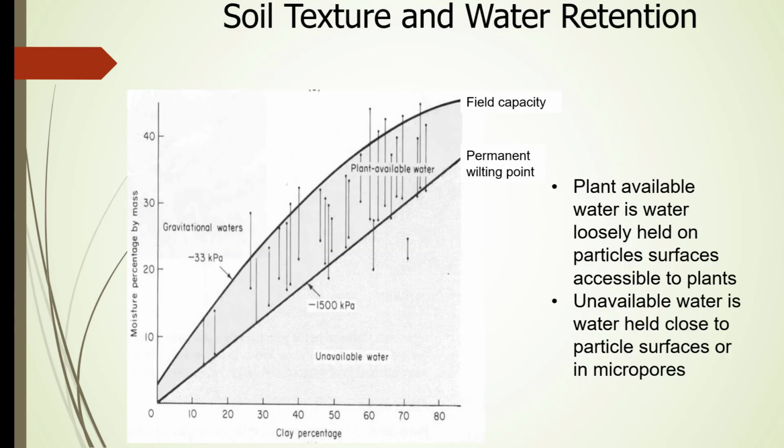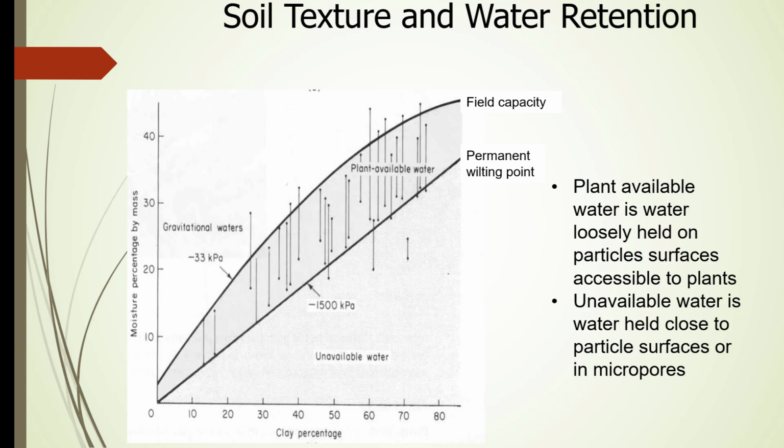Plant available water is the water that's loosely held on particle surfaces that is accessible to plants. Unavailable water is held close in particle surfaces or in micropores. Field capacity is the water that is left in the soil after gravitational water has left. That's your plant available water.